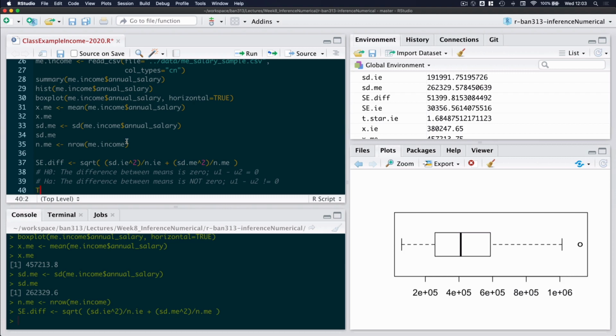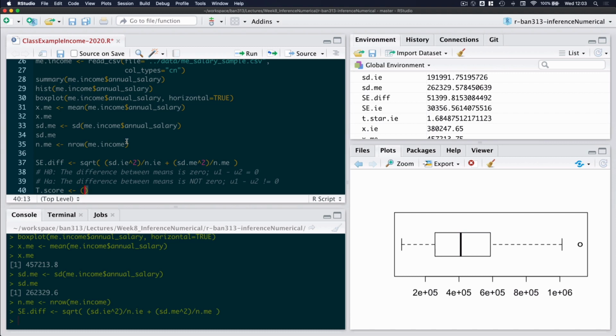And now I actually need to calculate a t-score. And the t-score is the sample observation minus what we would expect under the null hypothesis divided by the standard error.